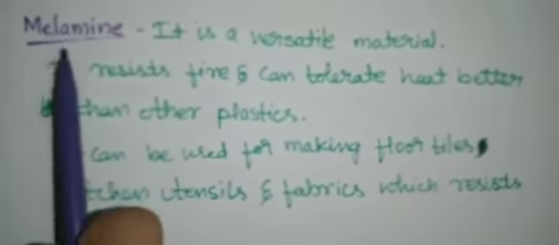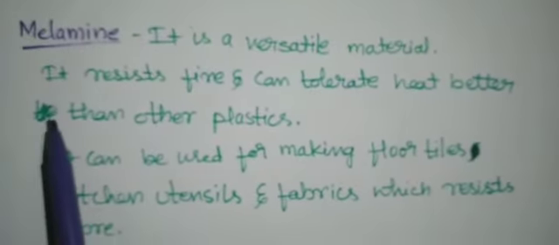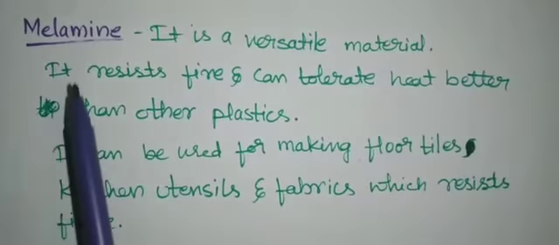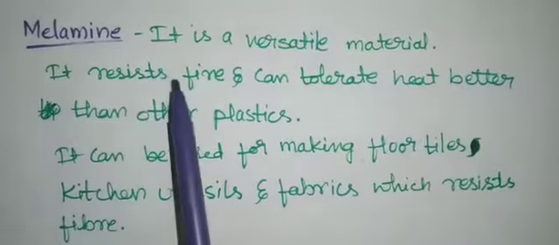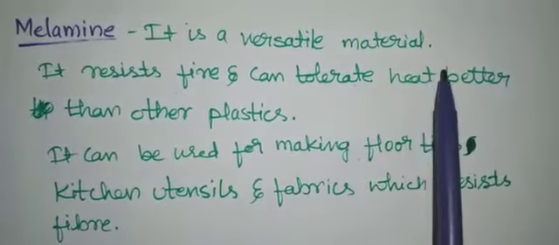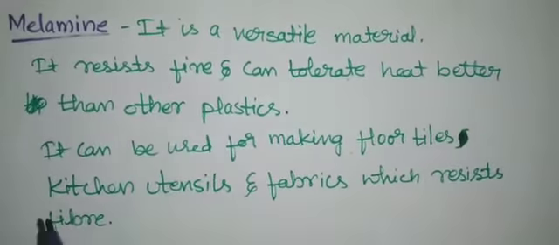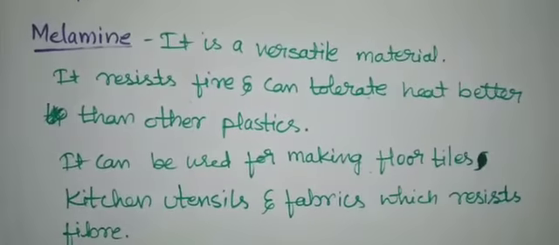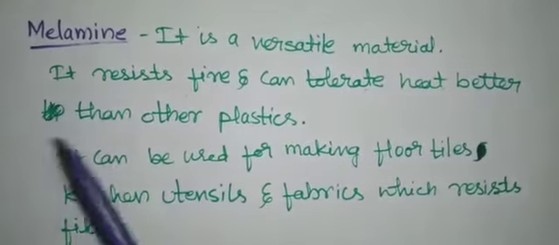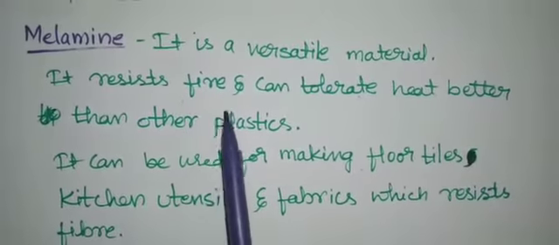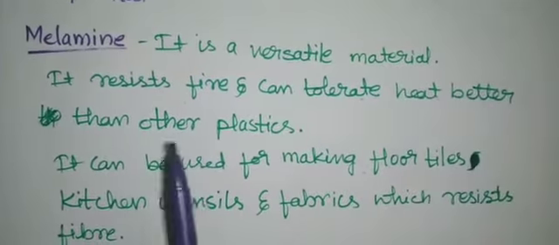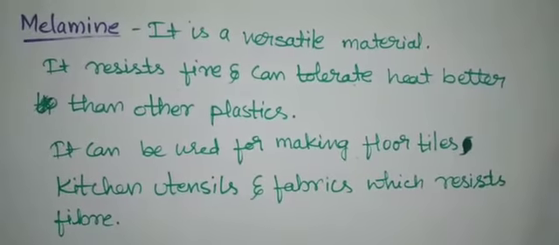Next is melamine. Melamine is another kind of thermosetting plastic. It is a versatile material. It resists fire and it can tolerate heat better than other plastics. Maybe other plastics will melt on heating, but this melamine plastic resists fire, and it can tolerate heat better than the other plastics.